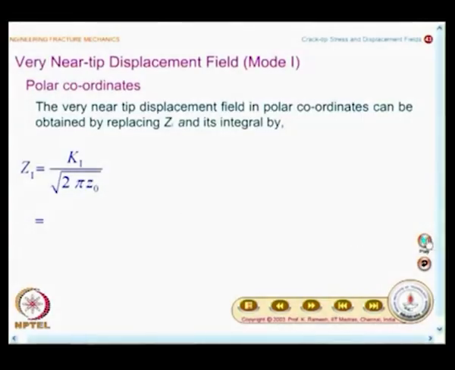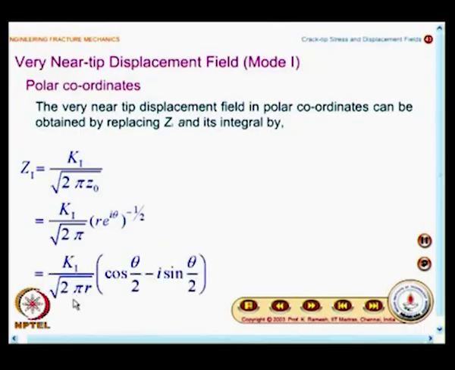In this case, it happens to be the displacement field, and you have already seen how to write it in terms of cos and sin theta. So, Z1 is nothing but K1 by root of 2 pi r [cos theta by 2 minus i sin theta by 2].